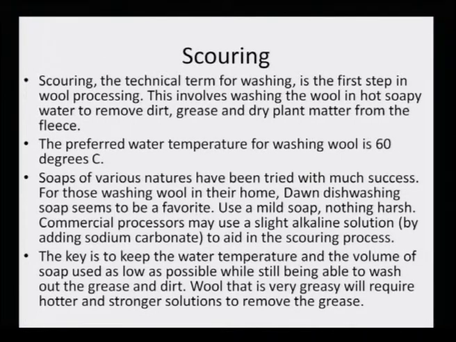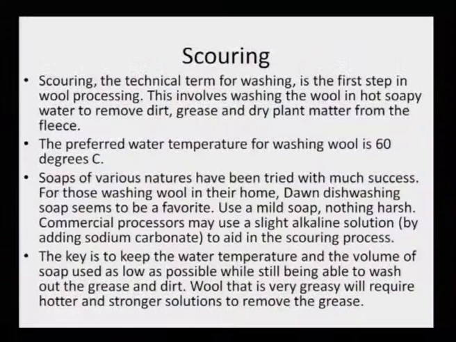Commercial processors may use a slight alkaline solution by adding sodium carbonate to aid the scouring process. So, the best material is a slightly alkaline soapy material, so that it can wash very well, and this scouring step is very important to remove the dirt and the grease.